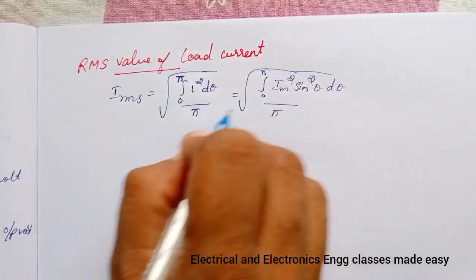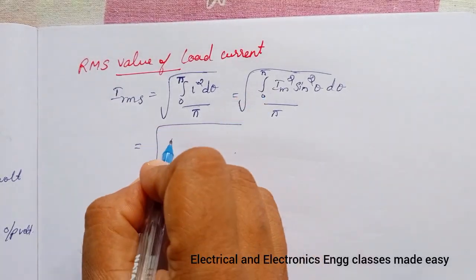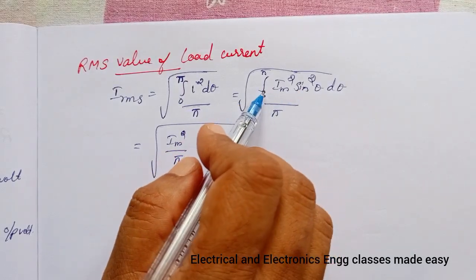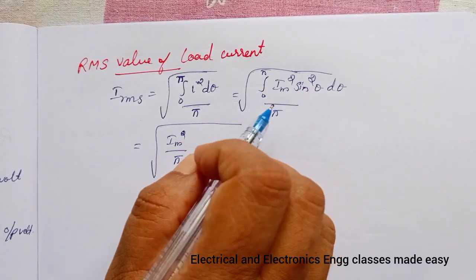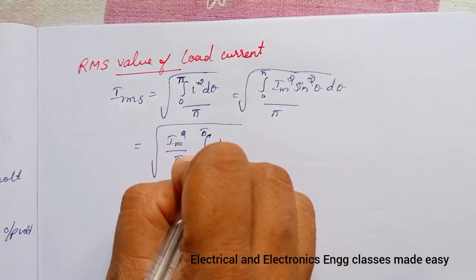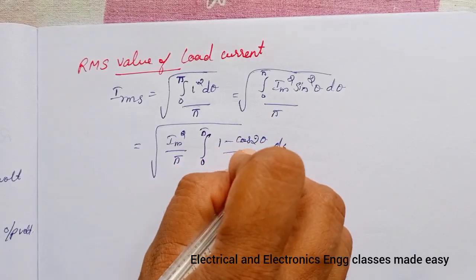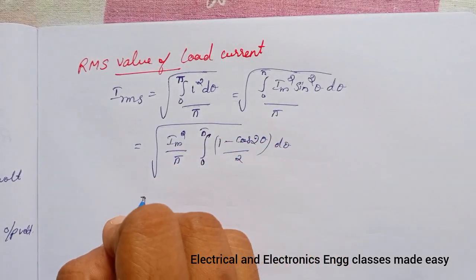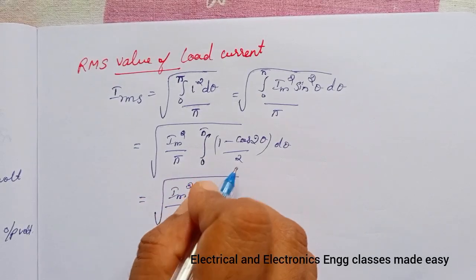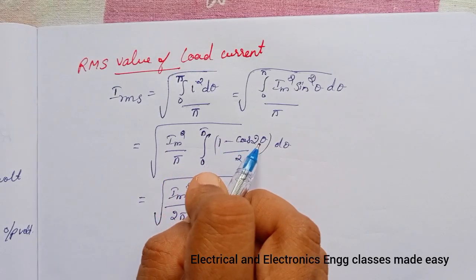divided by pi, which equals the square root of Im square by pi, a constant, times the integral of sin square theta. Sin square theta we can write as 1 minus cos 2 theta divided by 2, d theta, so the square root of Im square by 2 pi times integral of 1 minus cos 2 theta d theta.